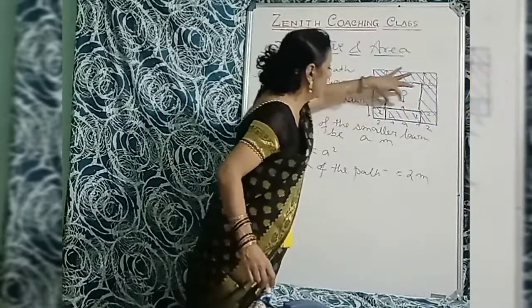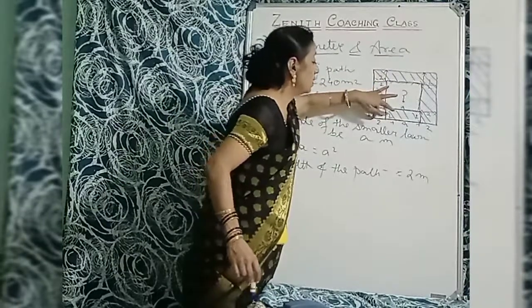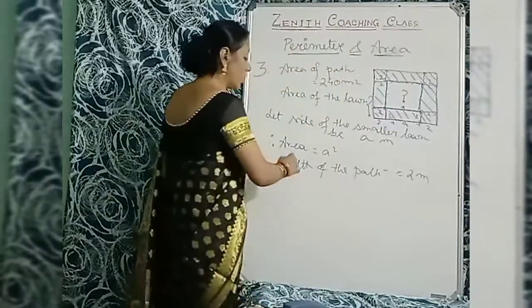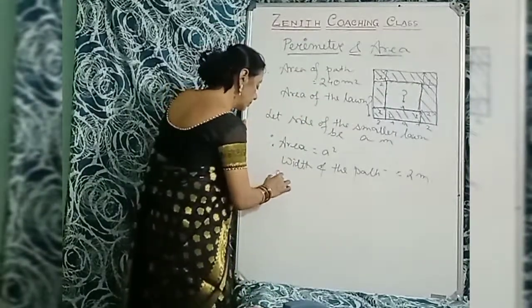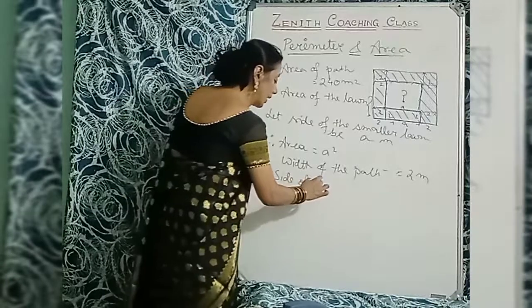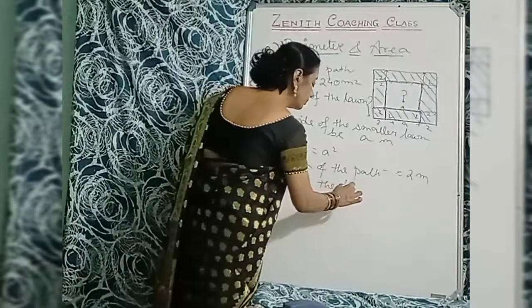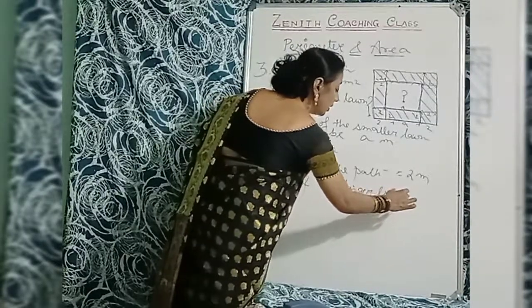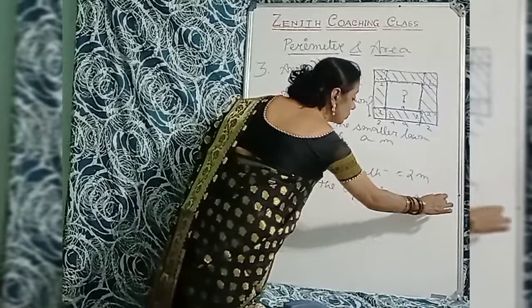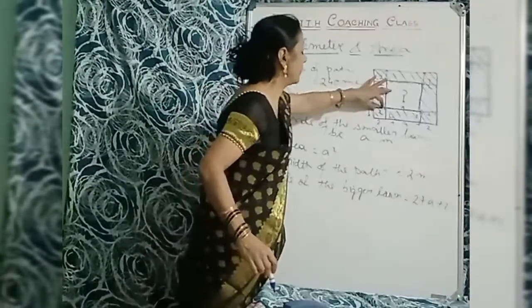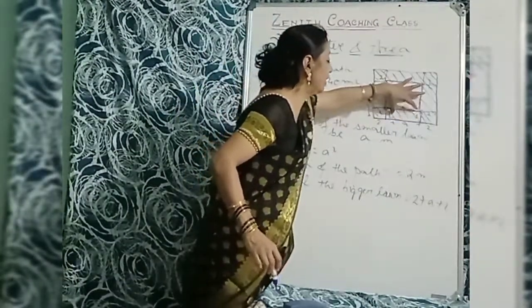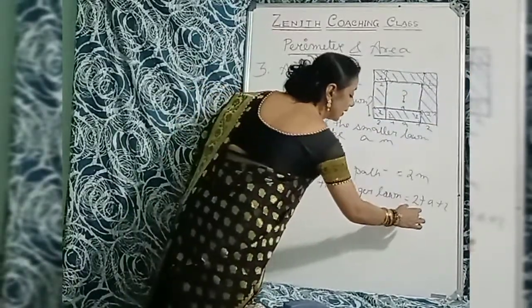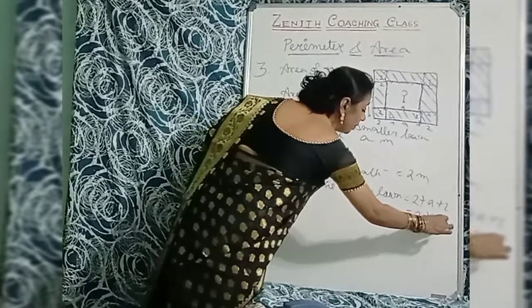So the side of the bigger lawn equals 2 plus a plus 2, that is a plus 4 meter.